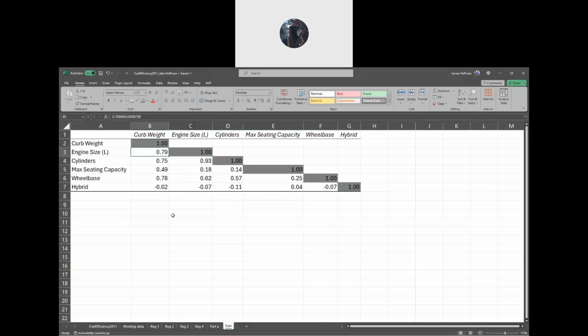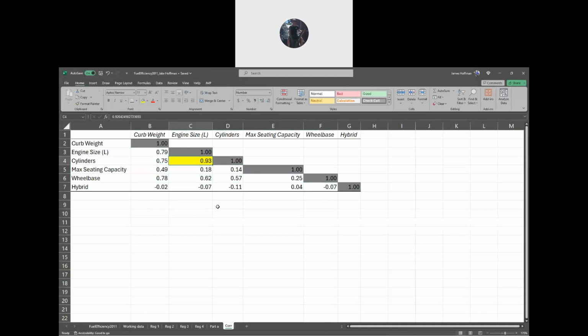Definitely I'm seeing this one as an issue: engine size and cylinders. Other potential issues are these ones, and then this one. It looks like curb weight has an issue with all these things. But that looks like the highest one, right? 0.93? Yeah.